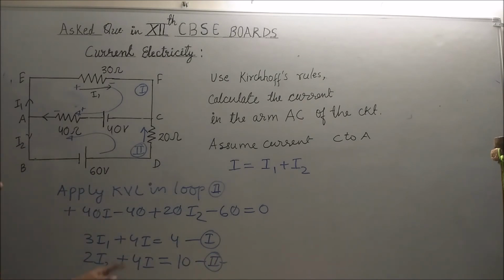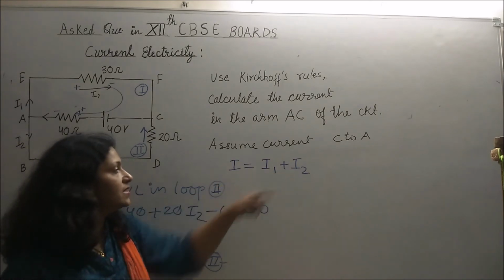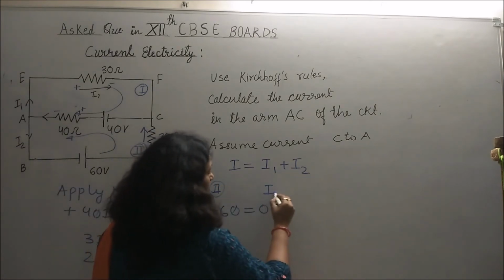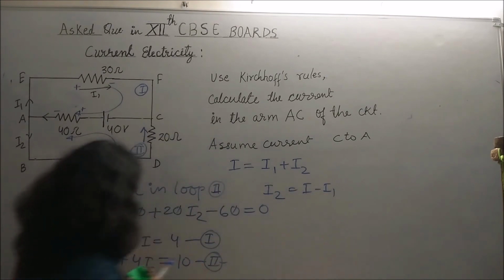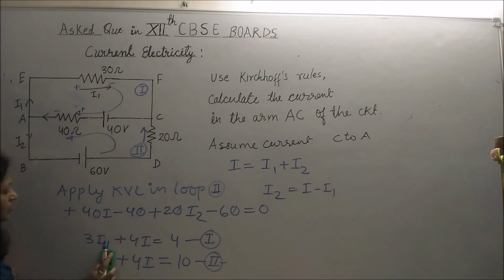In our equations, there are three variables, I, I1 and I2. So replace this I2 by I minus I1 in the second equation. So it is 2 times I minus I1. Our equation will become 2I plus 4I, that is 6I, minus 2I1.